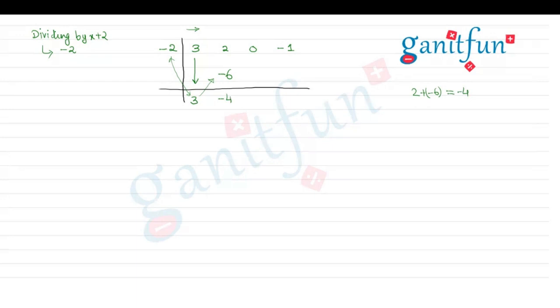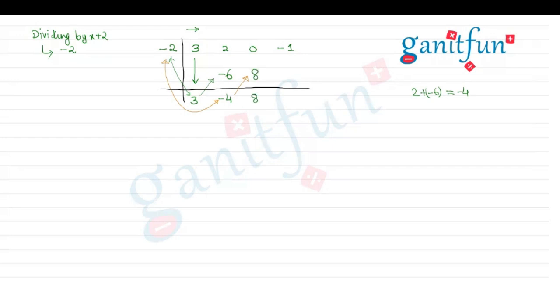In the next stage, we'll multiply this minus 2 with this minus 4, and whatever the answer is, we'll write it here. So minus 2 into minus 4 is plus 8. So we write 8 here. 0 plus 8 is 8.